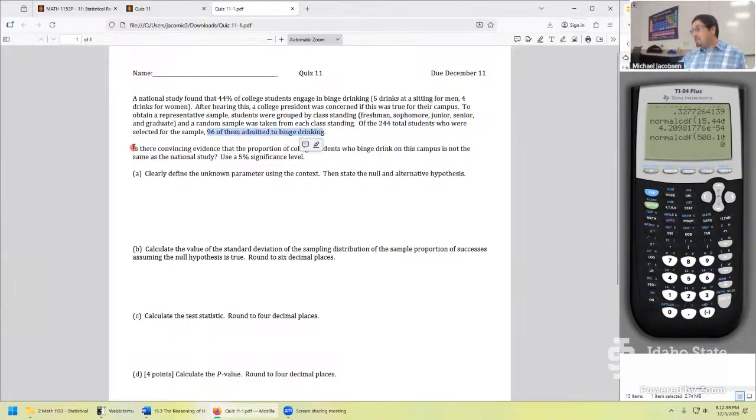And they're asking, is there convincing evidence that the proportion of college students who binge drink on this campus is not the same as the national study? Not the same as indicates a two-tailed test. We didn't ask for more than or less than 44%. So you'll run a two-tailed test on quiz number 11.